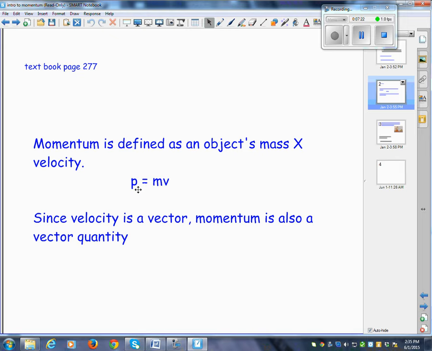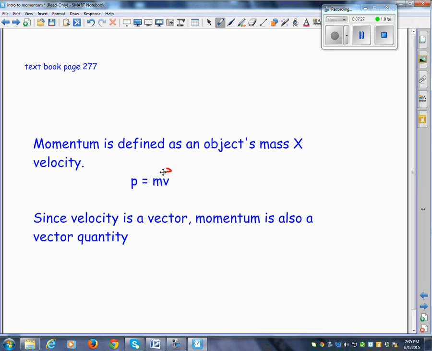Momentum is P. Now, because velocity is a vector, when you take a vector, is mass a vector or a scalar? Scalar. When you take a vector times a scalar, what do you get? You get a vector. So remember how, in Unit 1, grade 11, I introduced you to vectors, and you thought at the end of that test, man, I'll be glad when this is over, because I don't have to worry about vectors anymore.